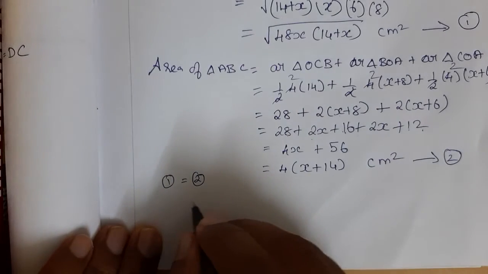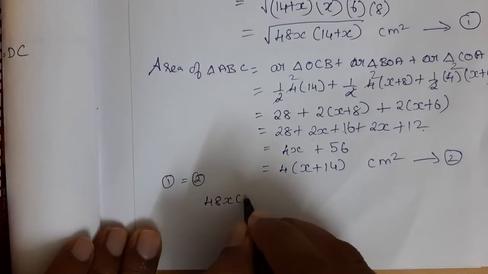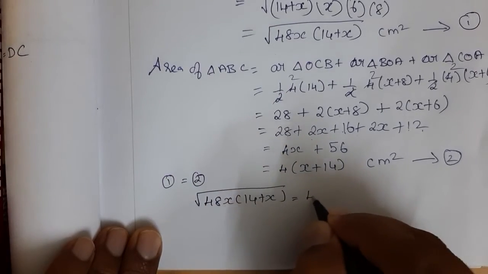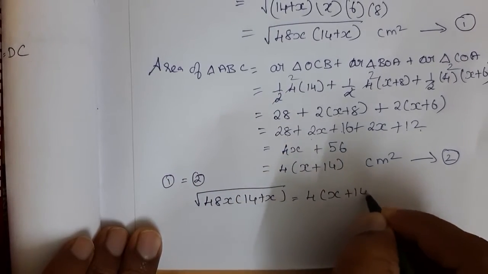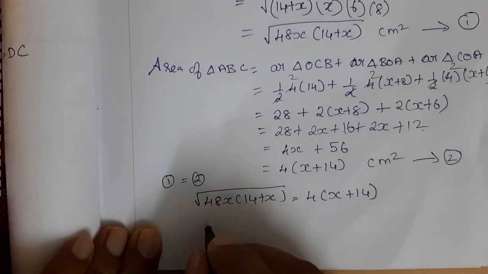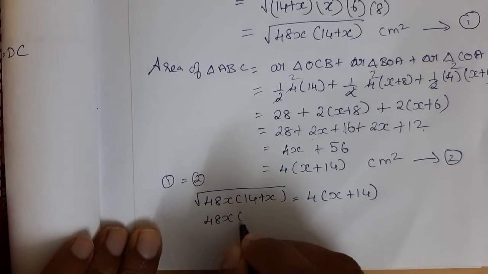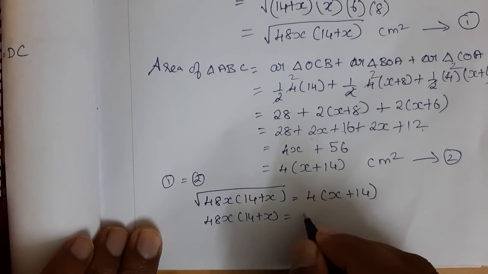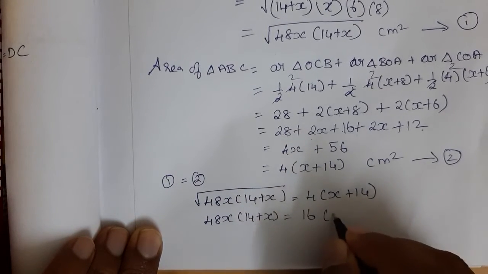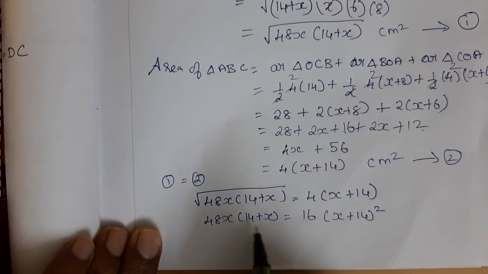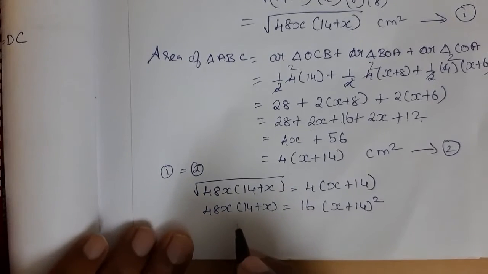So here it is the square root of 48x into 14 plus x, right, is equal to 4 into x plus 14. So let us take the square to that side, it will become a square. So 48x into 14 plus x is equal to 4 square is 16 and here x plus 14 the whole square.